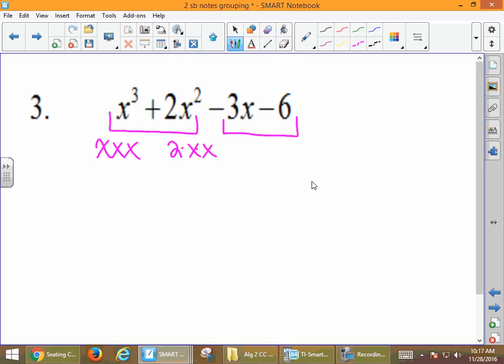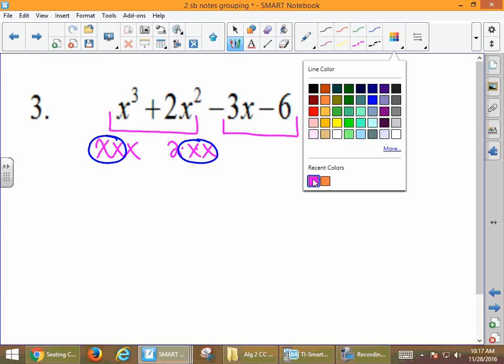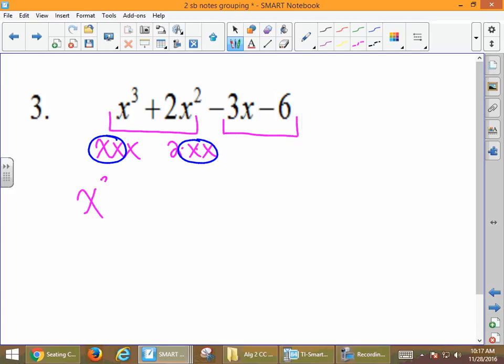And what happens is we can see that our greatest common factor here then will be x squared. It's the smallest exponent on the variable. And when we look at what still remains here, we had 3 x's, we took out 2, so we have 1 left. Over here we had 2 x's, we took them both out. The only thing that didn't get circled was the 2. 2x squared divided by x squared is 2.